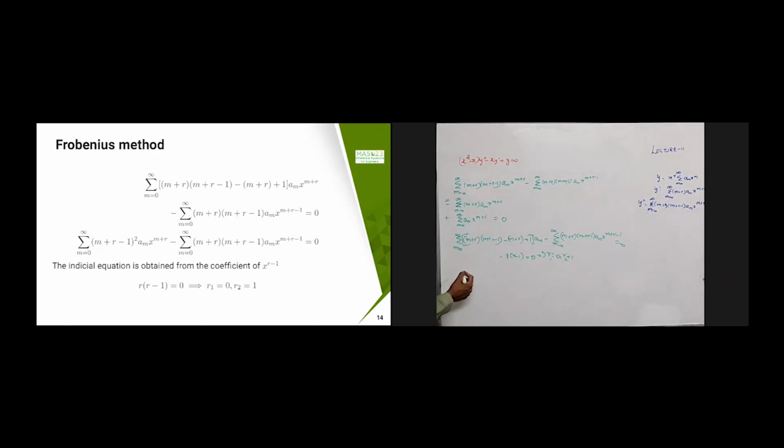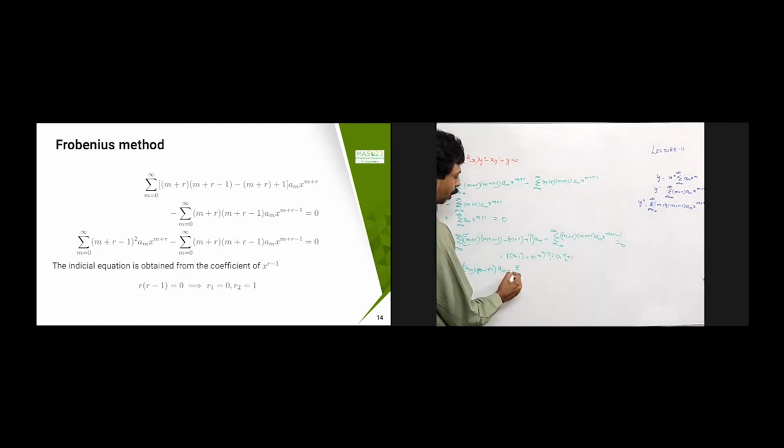So therefore, what I am going to do now is substitute r equal to 1, simplify this, and see what is going to happen. So m equal to 0 to infinity, r equal to 1. Therefore, this is going to become (m plus 1) into m, minus (m plus 1) plus 1, therefore this is going to become minus m, into am.